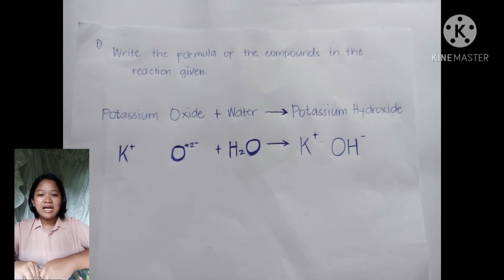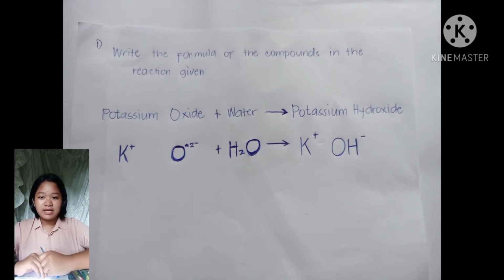So on the past discussion, which is the naming and formulating of compounds, naa dito gihatag si ma'am nga list of common anions and cations, as well as their charges or oxidation states.